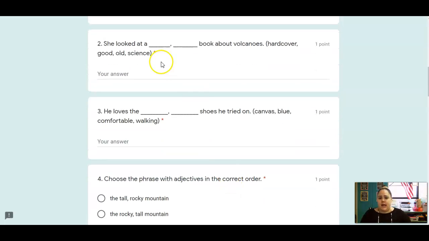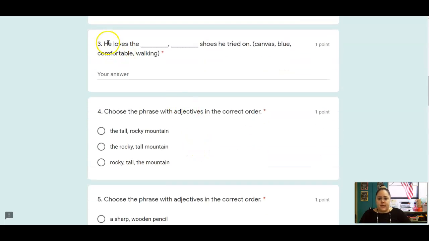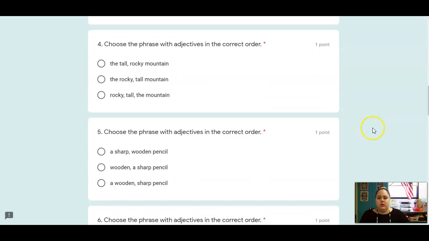Number 2, she looked at a blank blank book about volcanoes, hardcover, good, old, science. Number 3, he loves the blank blank shoes he tried on. Remember, just choose 2. So we've got canvas, that is a type of material, blue, comfortable, and walking.